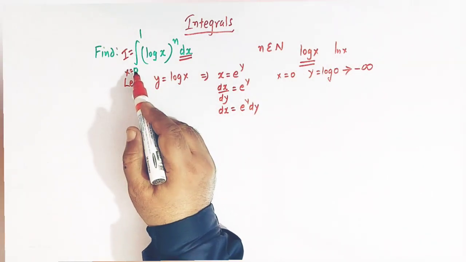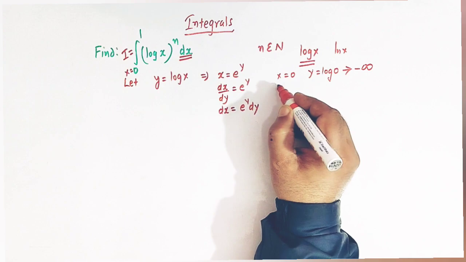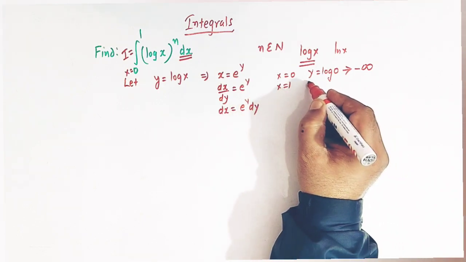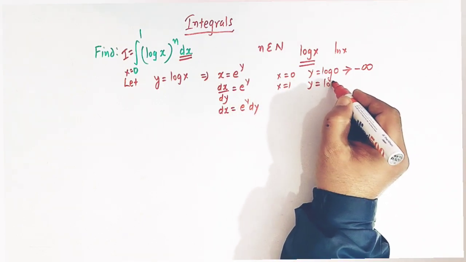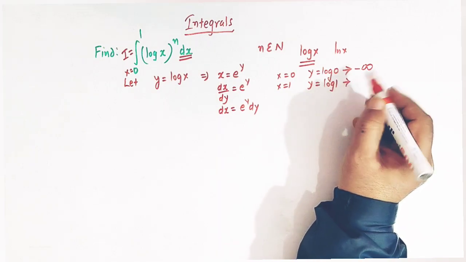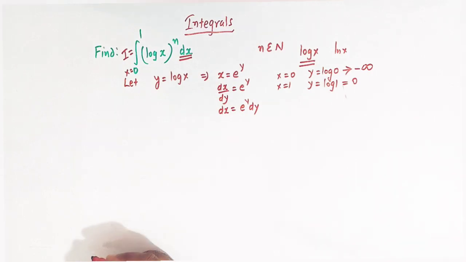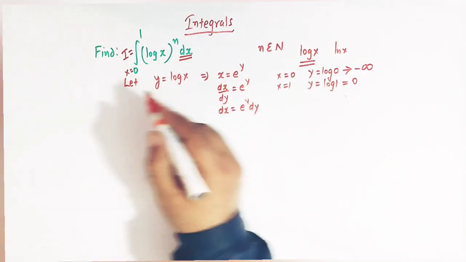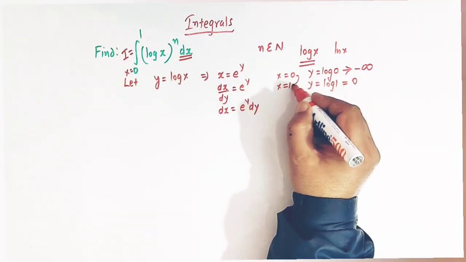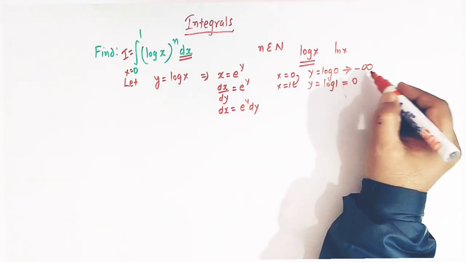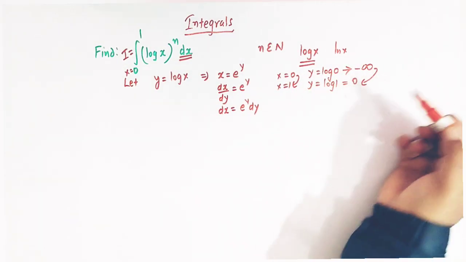Similarly, when x is equal to 1, then y is equal to log of 1, which is equal to 0. So when x goes from 0 to 1, y goes from minus infinity to 0.